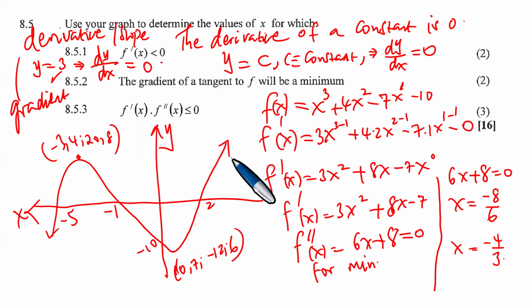So x here is equal to minus 4/3. Pay particular attention to this: x equals minus 4/3, and this is the answer.